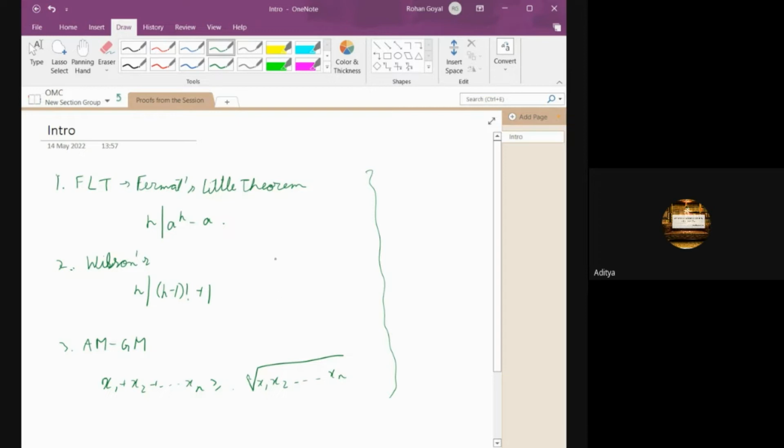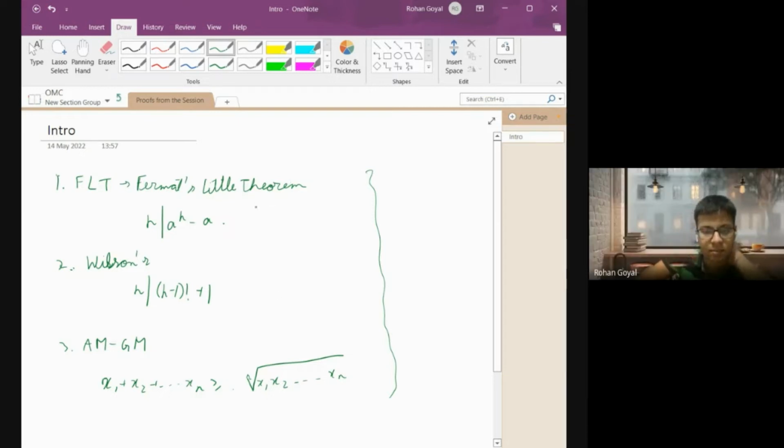Okay. So what we'll do today is I plan to present 6 proofs of Fermat's little theorem. For Wilson's, I'll present 3-4 proofs depending on time. For AM-GM, I'll probably present 5 proofs. You can make up more.